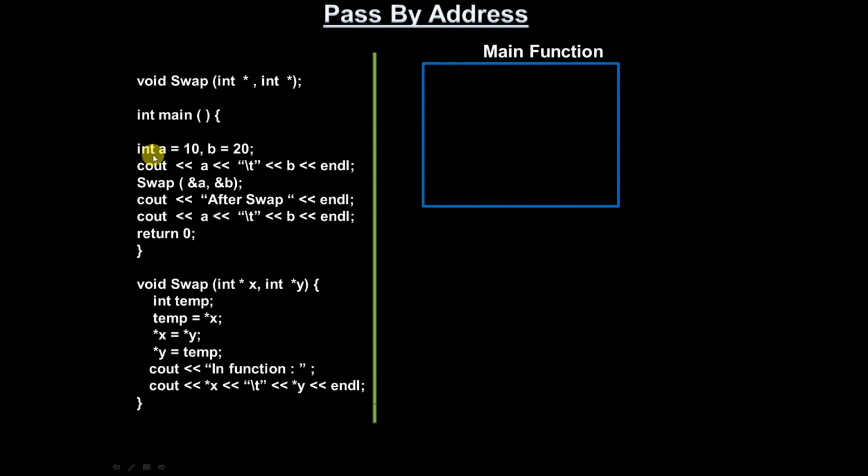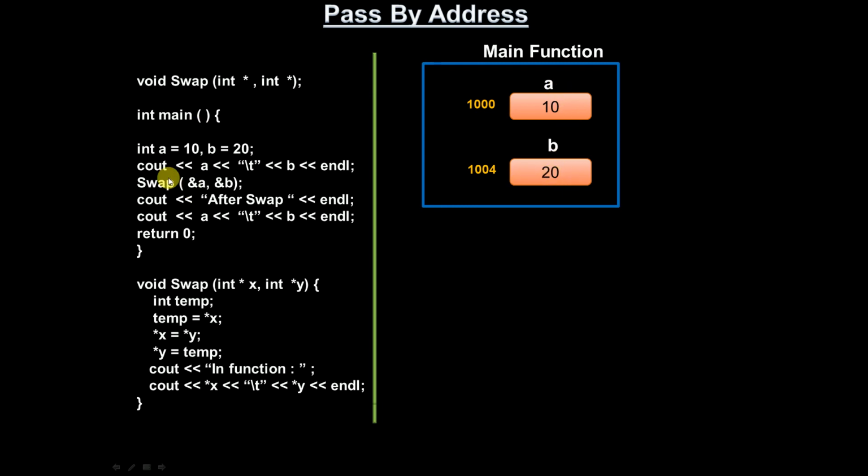Now in this main function two local variables are there, that is A and B. Both have 4 bytes. First memory will be allocated for A and next memory will be allocated for B. So A is allocated at memory location 1000, and the value present in A is 10. Again memory is allocated for B at address 1004, and the value present in B is 20.